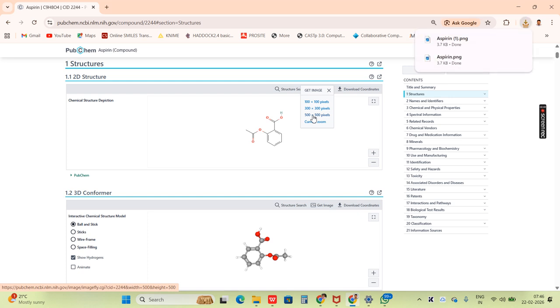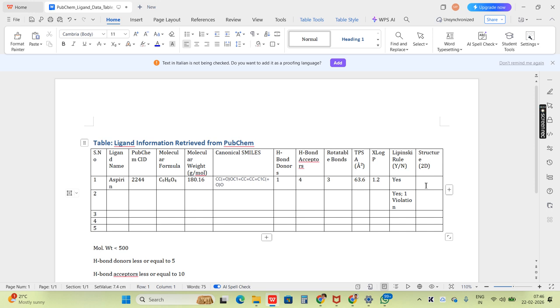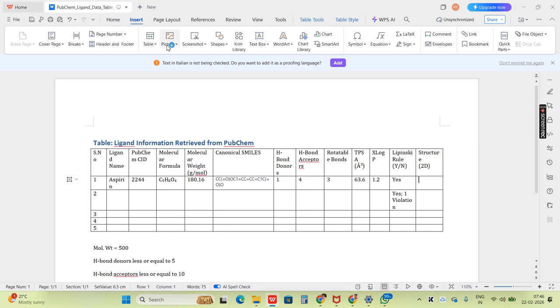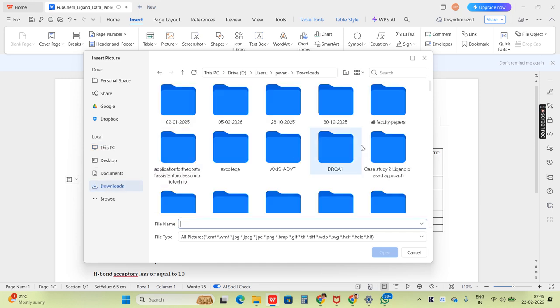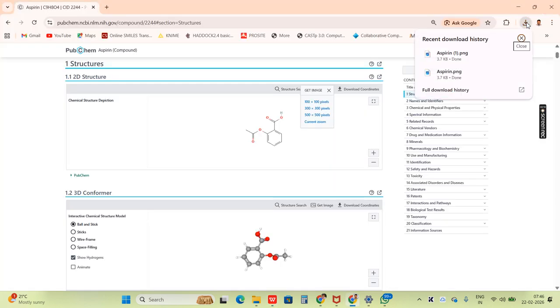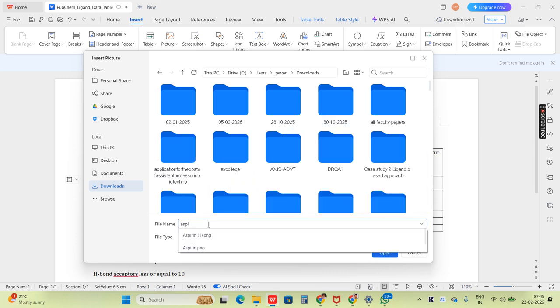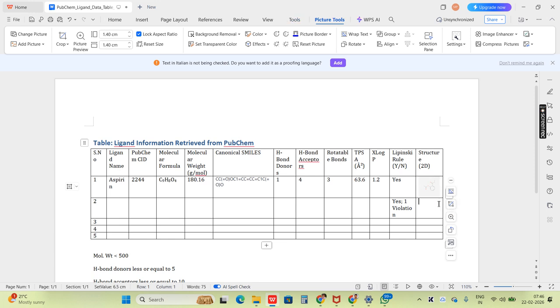Tabulating the information in this format gives a professional outlook, and it will also help the reviewers understand the properties of the selected ligands very easily. The thumb rule to remember is that in computational studies, documentation plays a very important role. So you can insert the structures this way.